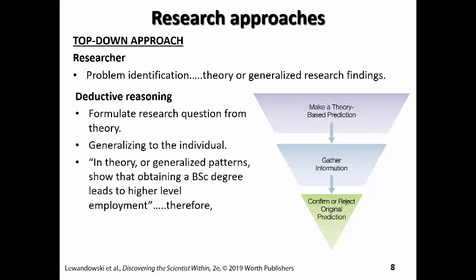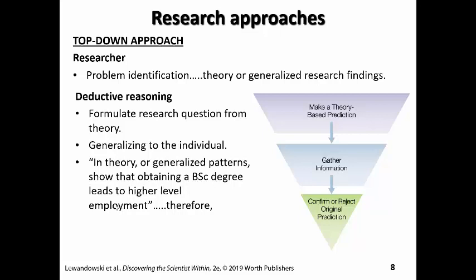To use the same or similar example as on slide number 7, we might state that in theory or in a generalized pattern through previous reports for some observation, but very general, it shows that obtaining a Bachelor of Science degree leads to higher level employment.